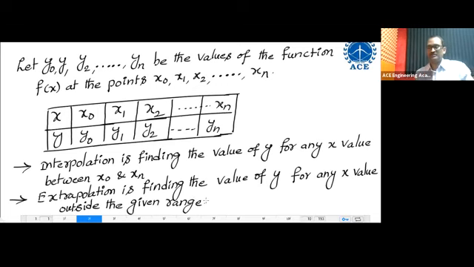So interpolation means finding y value for any x value between x0 and x1. Extrapolation means finding y value for any x value outside of the given range of the interval.